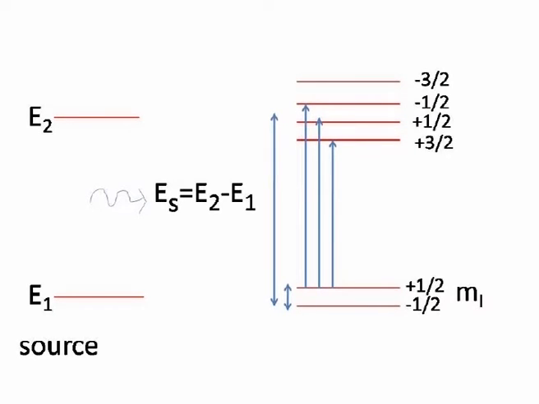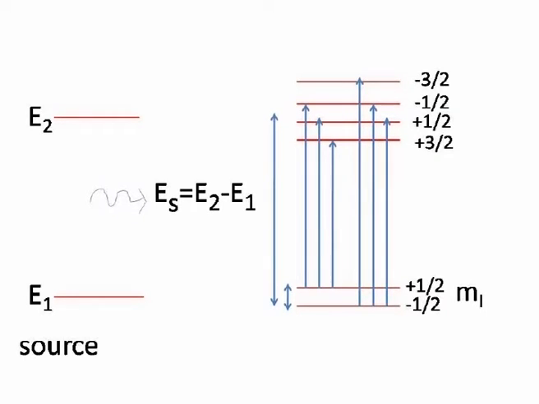Similarly, from minus half it can go to minus 3 by 2, from minus half it can go to minus half, and from minus half it can go to plus half, delta M changing by 1 unit. It cannot go from minus half to plus 3 by 2, because here it will be changing by 2 units.